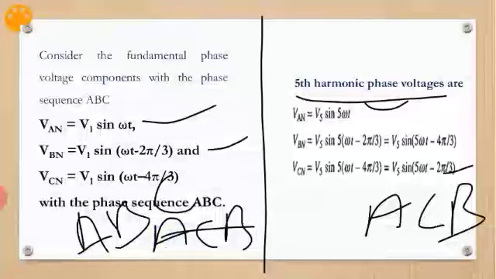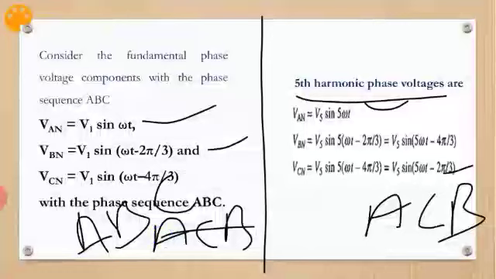Now this is the equivalent circuit of an induction motor. Here the harmonic equivalent circuit is made. In the last lecture I explained the equivalent circuit diagram of the induction motor. Here we are considering the mth harmonic equivalent circuit. Each reactance has been increased by a factor m, so all reactances are increased by a factor m.